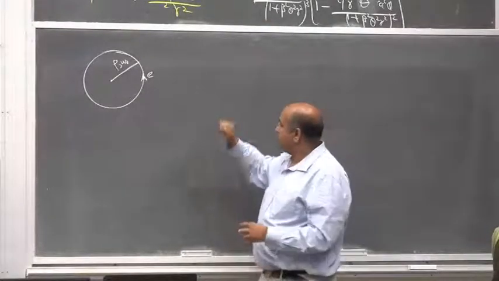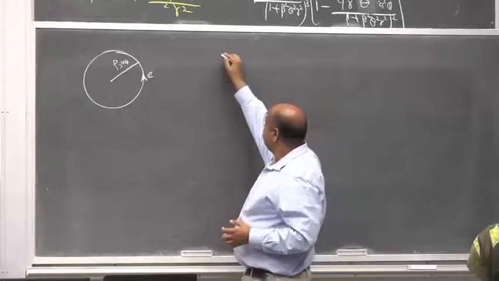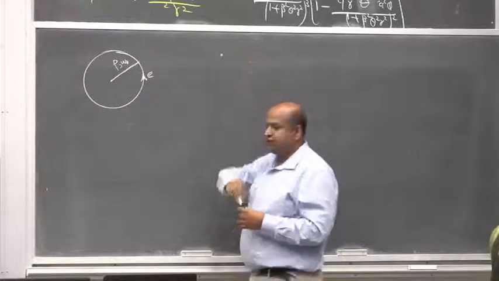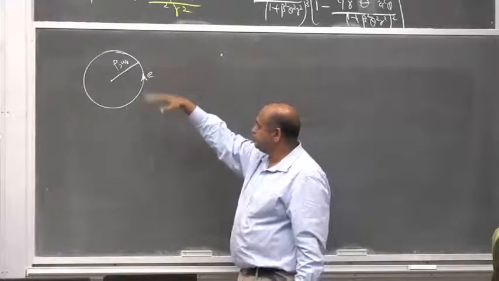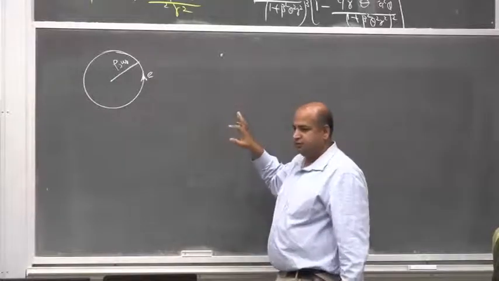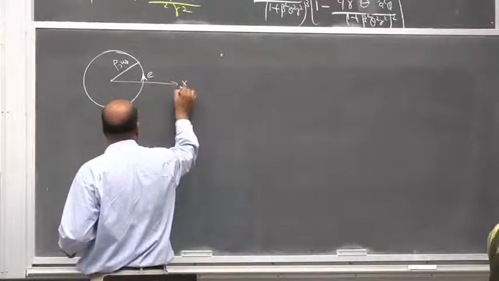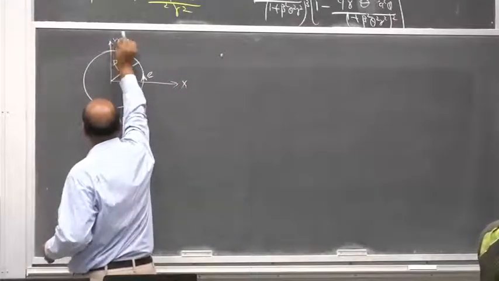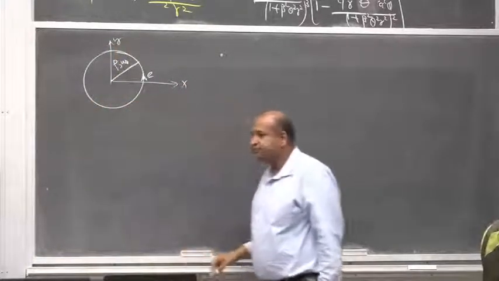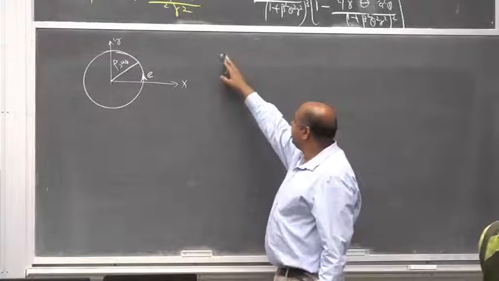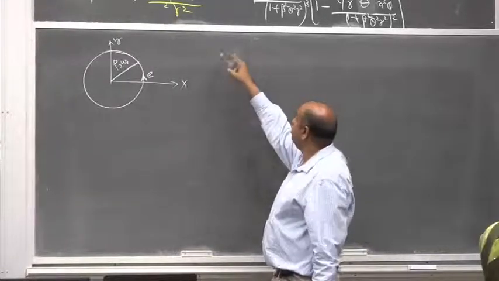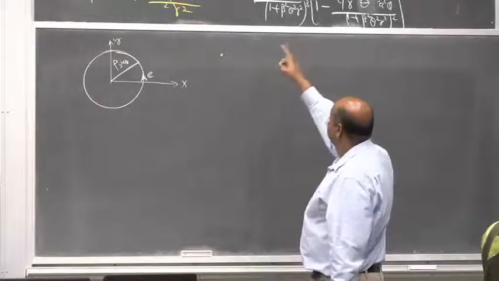What I'm interested in is finding its spectrum at this point due to this circulating charge. Let's take it to be the xy plane. Let's take this to be x, and this is y.